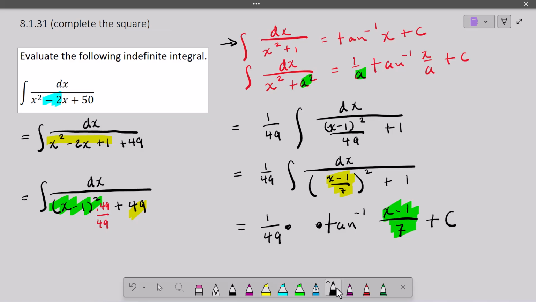So the derivative of 1/7 x is 1/7. Dividing by 1/7 means multiplying by the reciprocal. So that is what's going to lead us to this final answer. If we cancel out a 7, we'll have 1/7 inverse tangent of x minus 1 divided by 7 plus c. That will be our final answer.